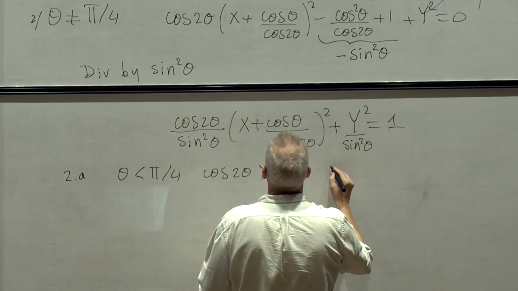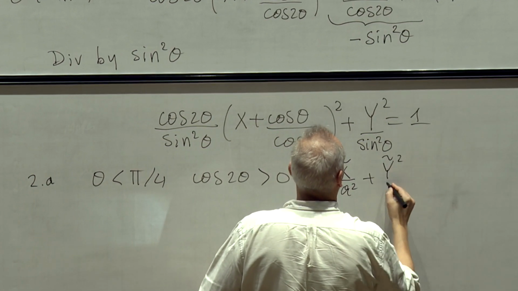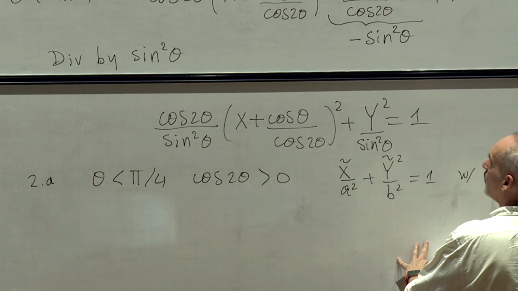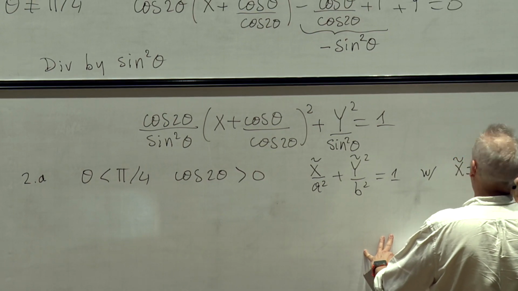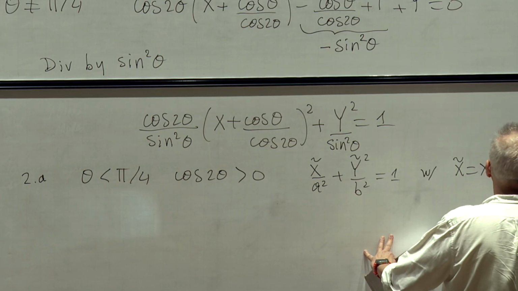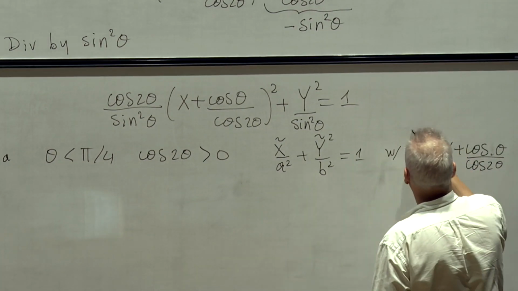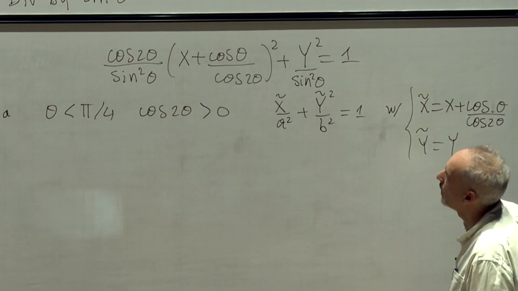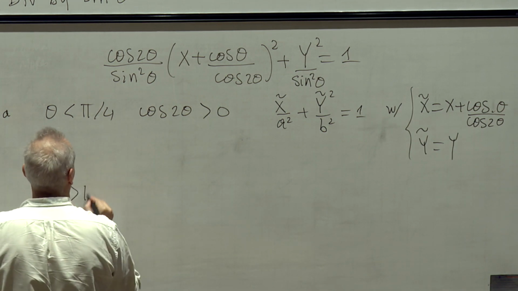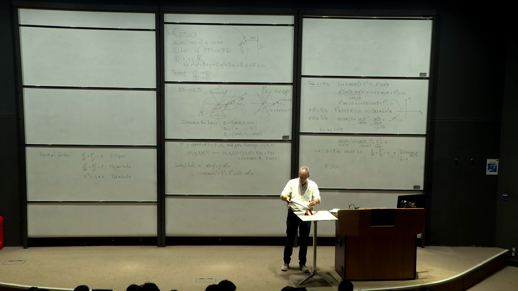And so we have something of the form x tilde over a square plus y tilde square over b square equals 1, with x tilde equals x plus cos theta over cos 2 theta, and y tilde equals y, of course. Or theta bigger than pi over 4. So that's for small angle, right? So for small angle, I get the ellipse.